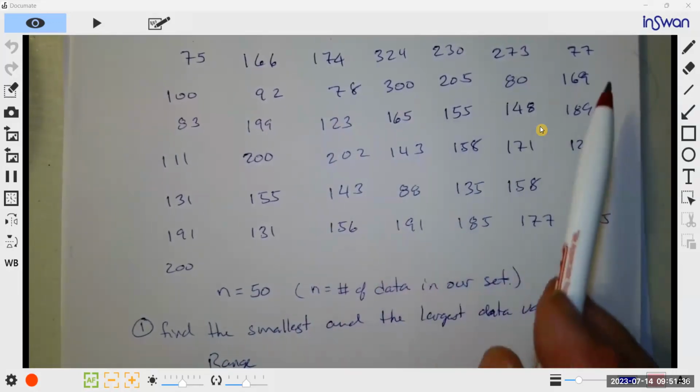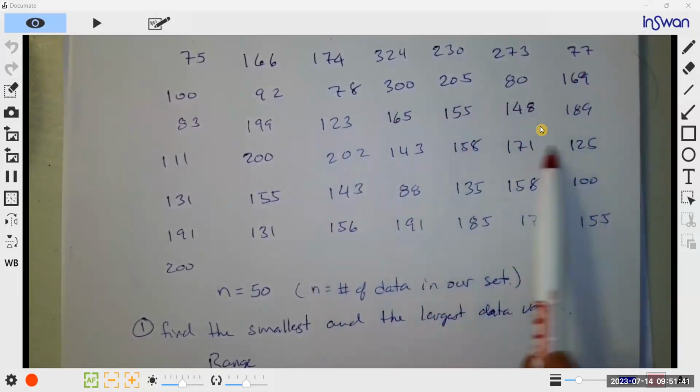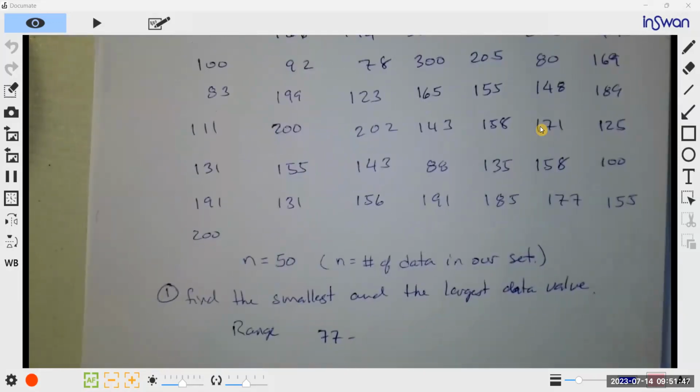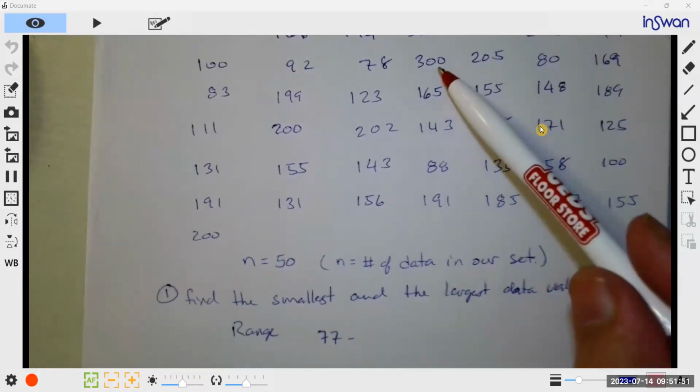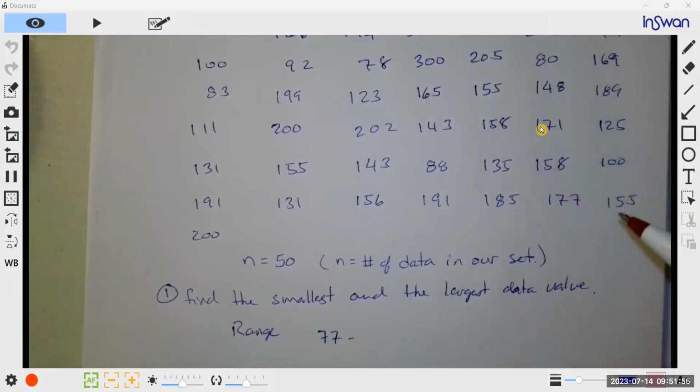Looking at this, 77 looks like the smallest. So it goes from 77 to 324.